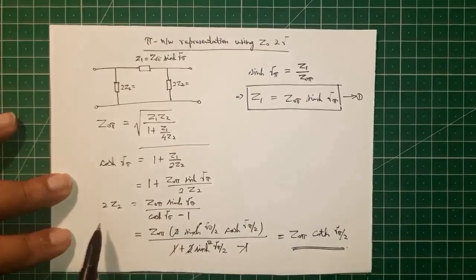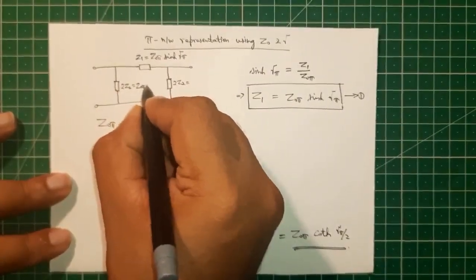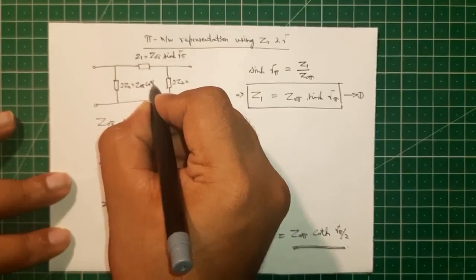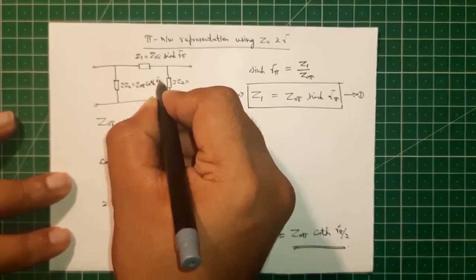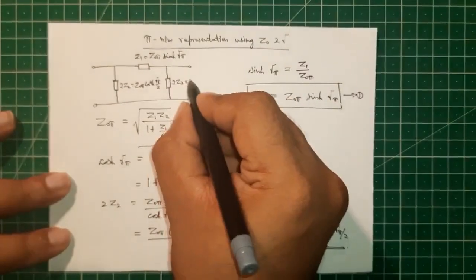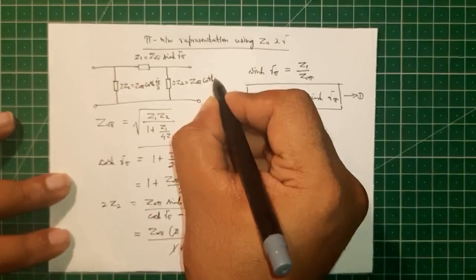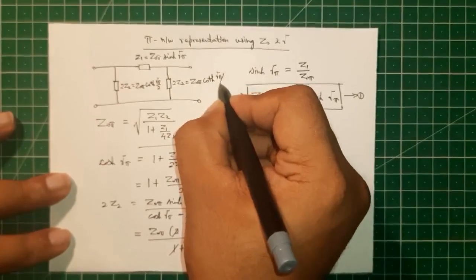So 2Z2 is on the left hand side. So this is Z0 pi coth gamma pi by 2. This also will be Z0 pi coth gamma pi by 2.